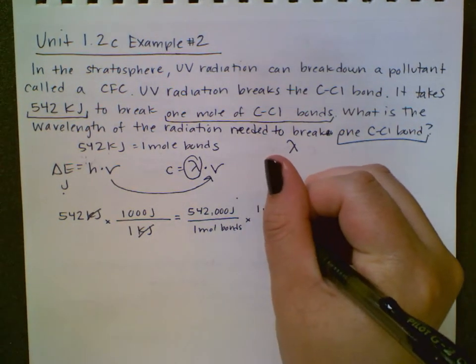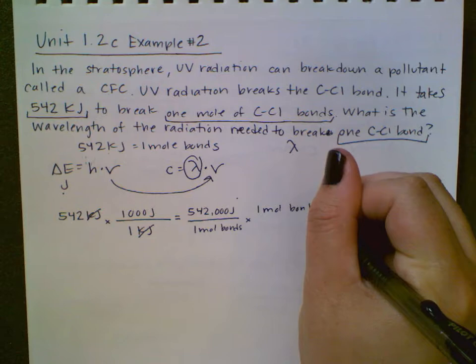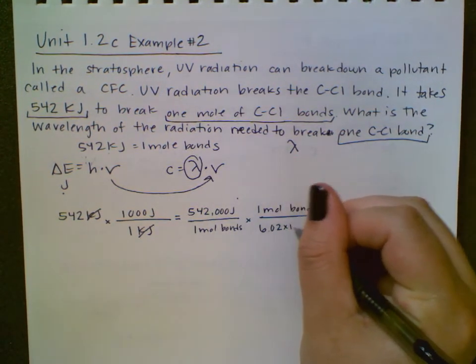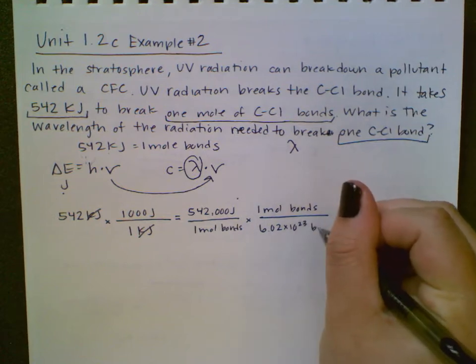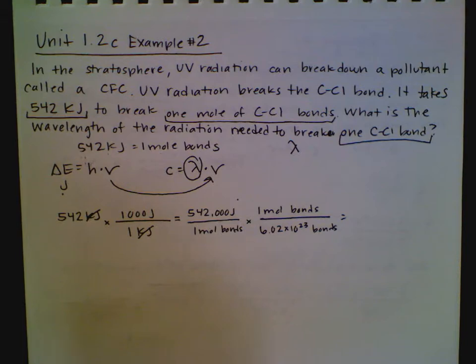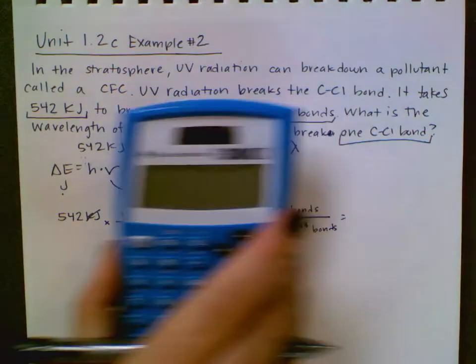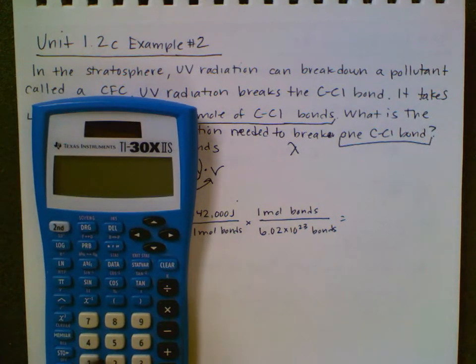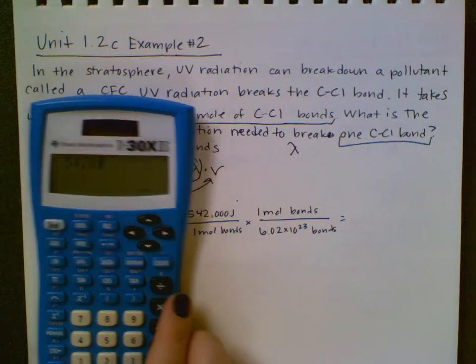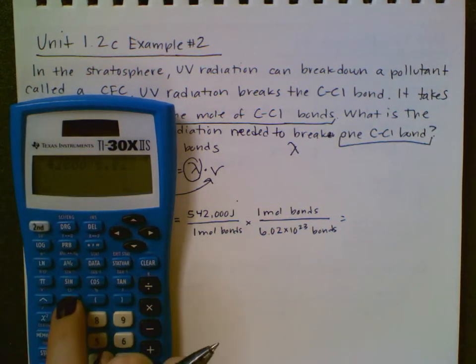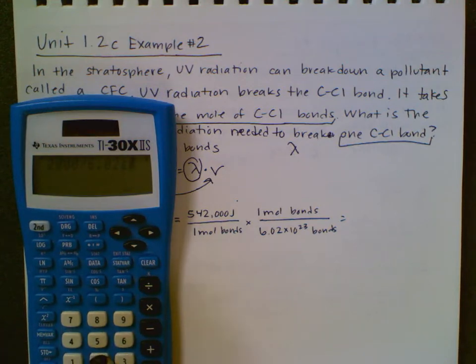So 1 mole of bonds is equal to 6.02 times 10 to the 23rd bonds. And then I have to take those and divide them. Okay, so I'm going to put that into my calculator. 542,000 divided by 6.02 times 10 to the 23rd.